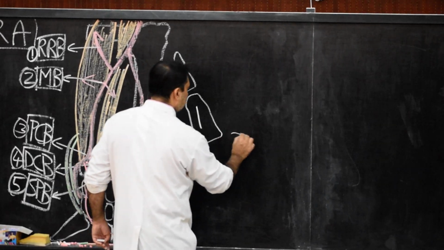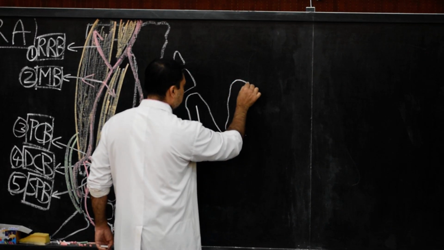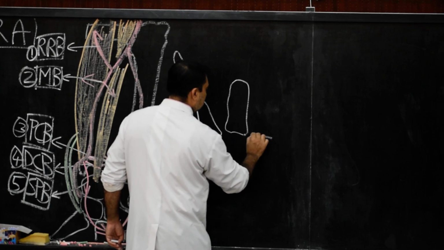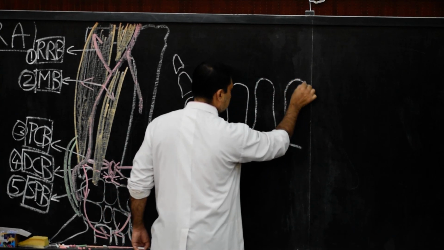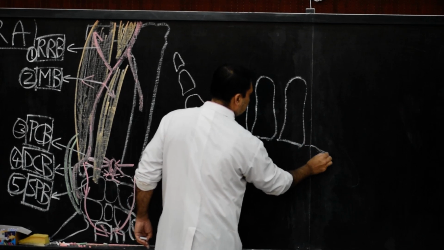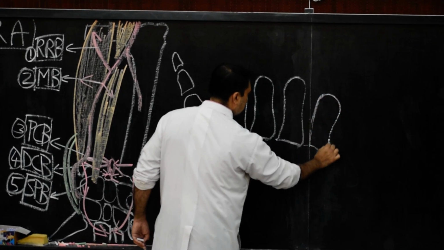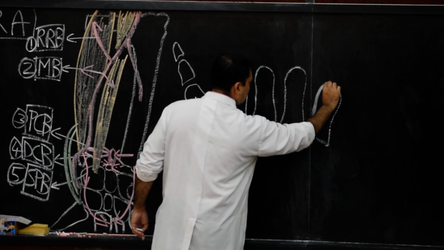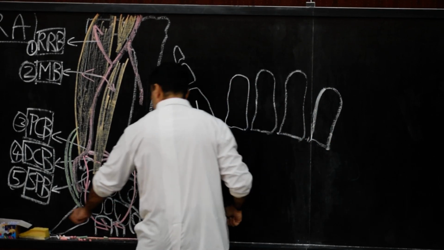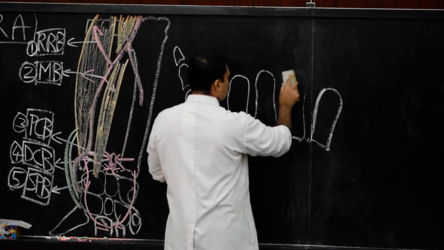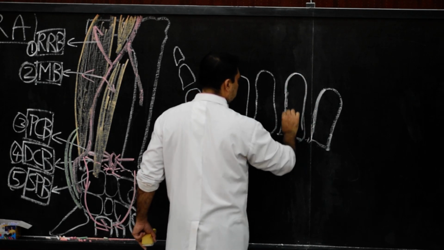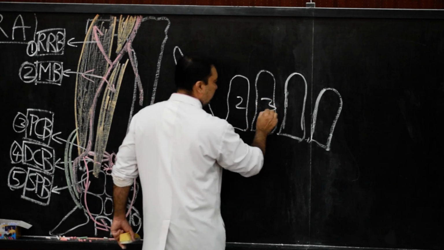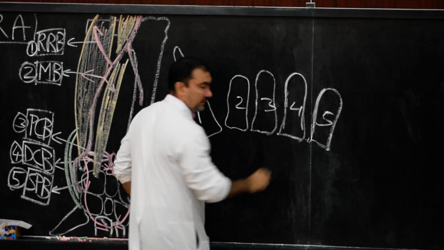Then this will be our second, this will be our third, this will be our 4th, and this will be our 5th metacarpal bone. So these are the metacarpals, and slowly we will draw all of them, 2, 3, 4 and 5.